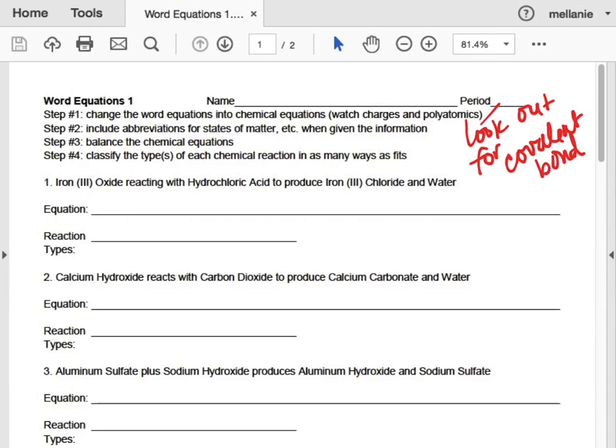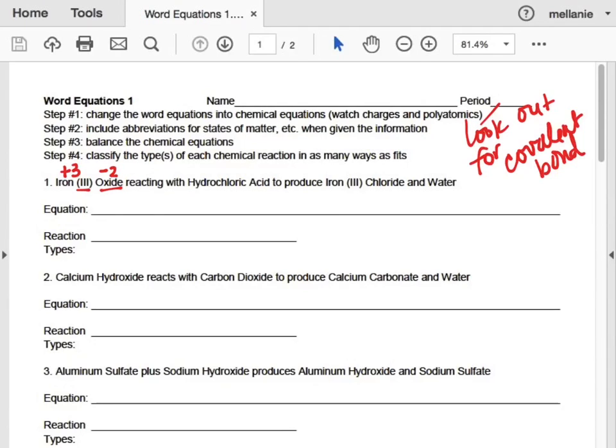All right, so let's go ahead and take our word equation. I like to just start out by putting my charges at the top if it is an ionic compound. So iron 3, what's the charge of iron? Oxygen, what's the charge of oxygen? -2.